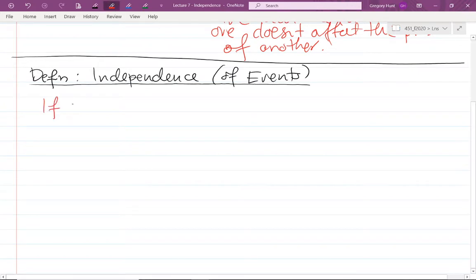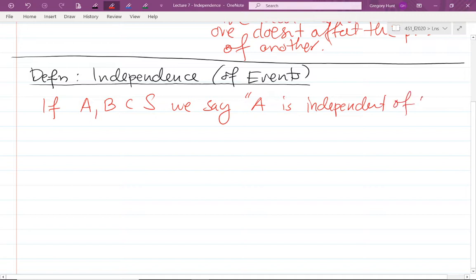If we have two events, A and B, in our sample space, we say, quote, A is independent of B, and I will typically denote this as A perpendicular B, meaning orthogonal to, meaning independent. So these are all related ideas.